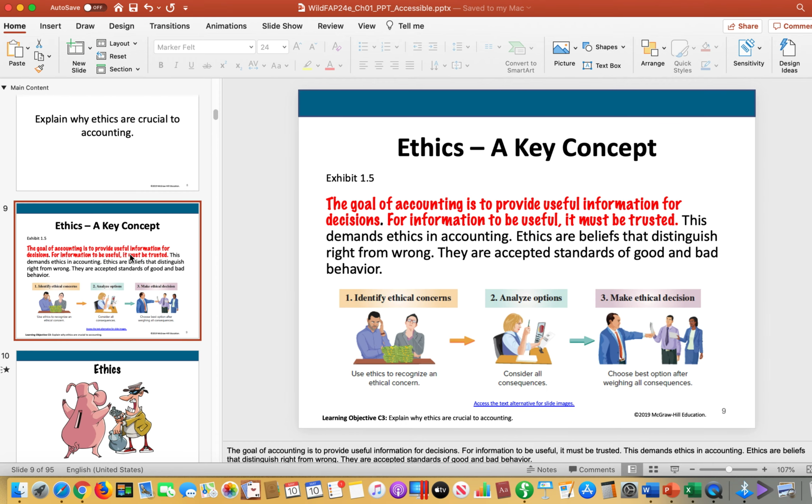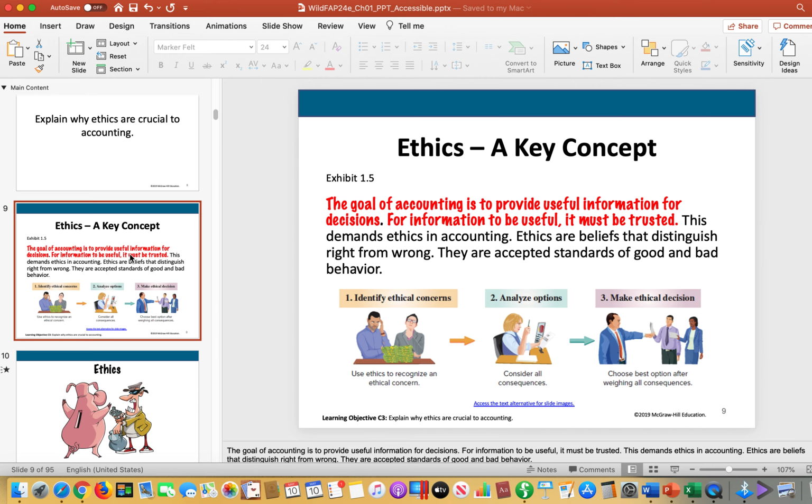And so accounting and ethics intersect in that people rely upon the information in the accounting records. Both internal and external elements rely on the information provided by accounting.